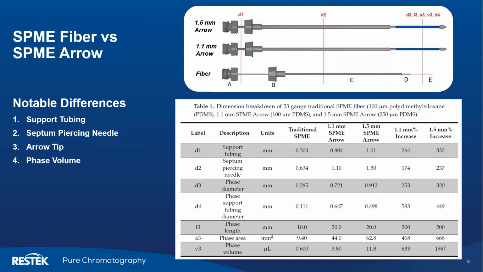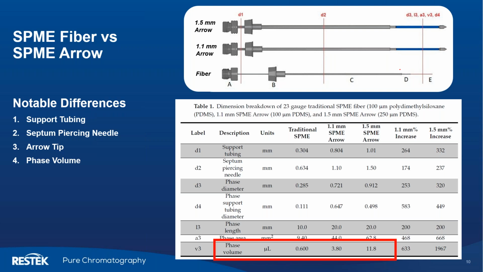Now, the main differences between the fiber and the arrow, clearly you can see, are size, right? Here we have a 1.1 millimeter arrow, which is what I'll focus on, and also a SPME fiber. The noticeable differences are the support tubing, which is this piece, the septum piercing needle, which is the shaft that sits inside the support tubing, and then also the arrow tip, as well as the phase volume differences.